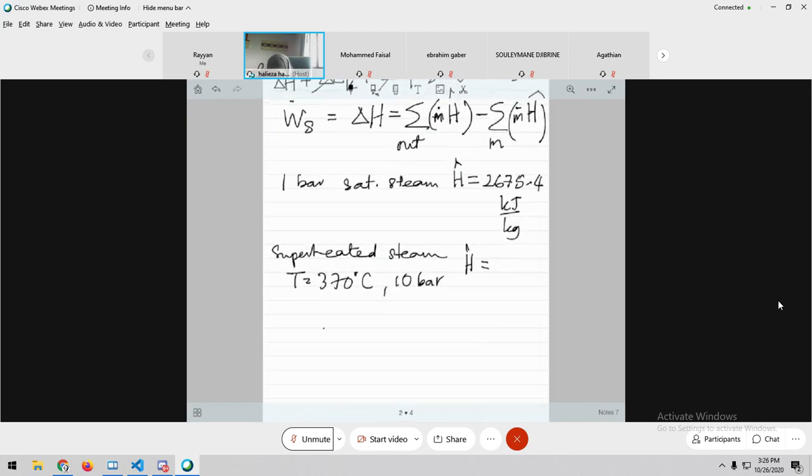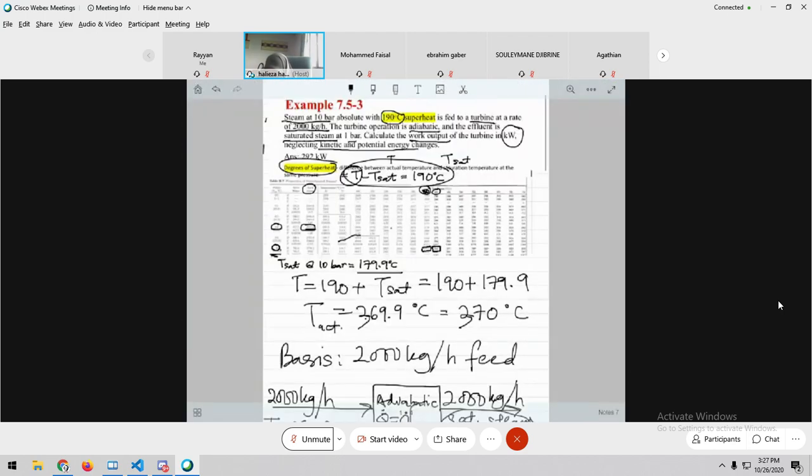We have a temperature of 350, 370 is the temperature we desire, and we have 400. This is your specific enthalpy. So I need to go back to my steam table and zoom in.